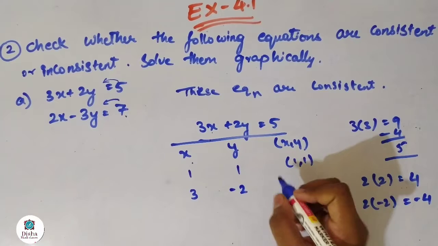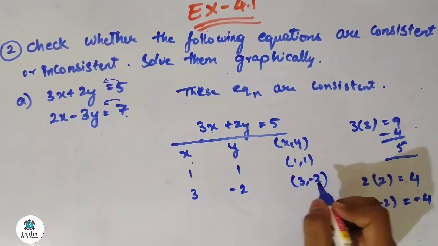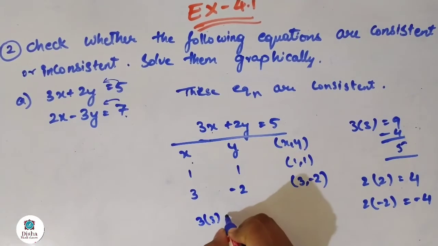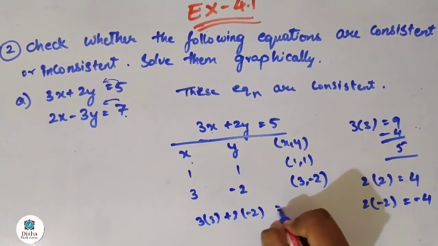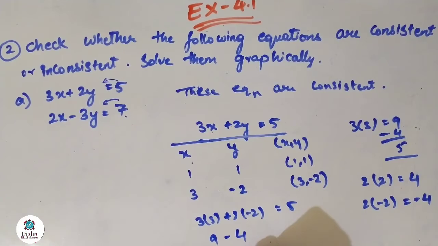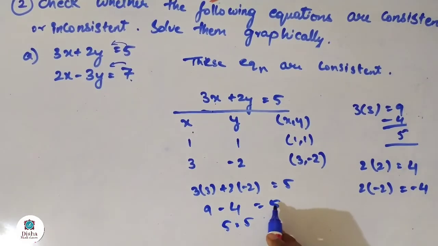So we take minus 2 here. So the point is 3 comma minus 2. Now if you substitute this in the equation, 3 into 3 plus 2 into minus 2 equals 5, right? 3 threes are 9, 2 into minus 2 is minus 4. 9 minus 4 will be 5. LHS equals RHS, satisfied, right? So 9 minus 4 equals 5, 5 equals 5.